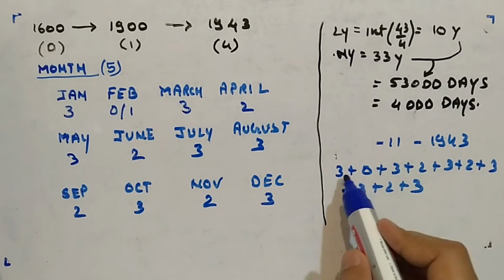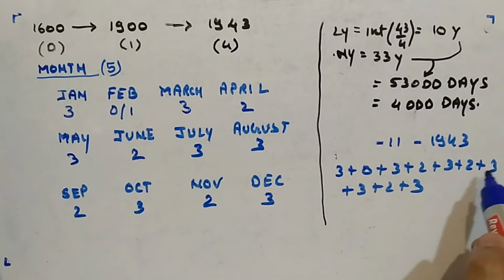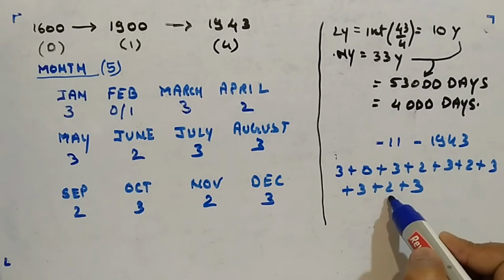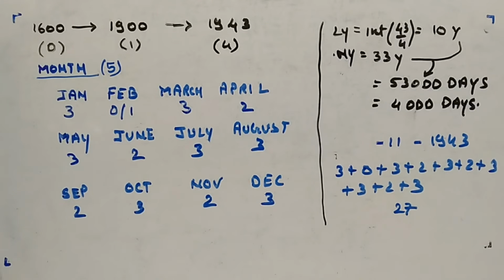Okay, so 3 plus 3, 9, 10, 11, 12, 13, 14, 15, 16, 17, 18, 19, 20, 21, 22, 23, 24, 25, 26, 27, total 27. And you know that there are 7 days in a week, so divide by 7, remainder will be what? 6 odd days.